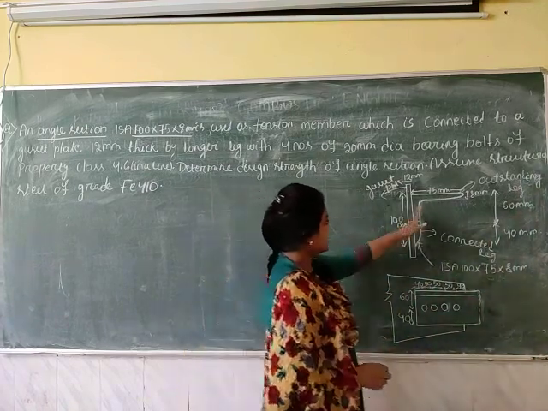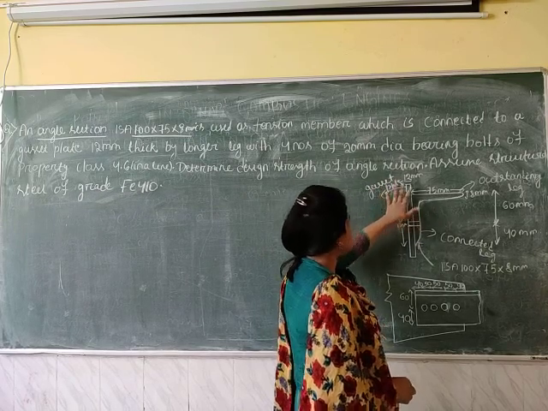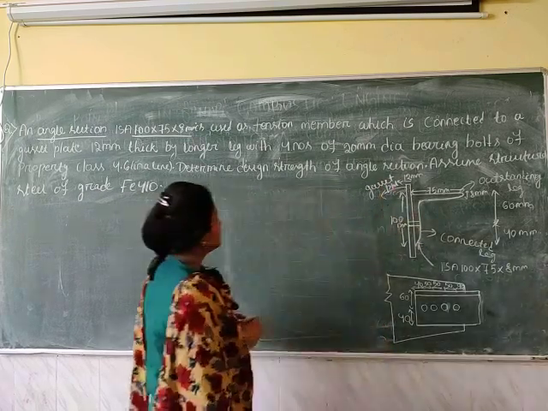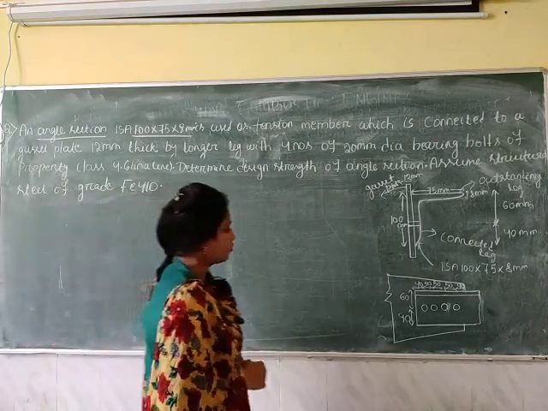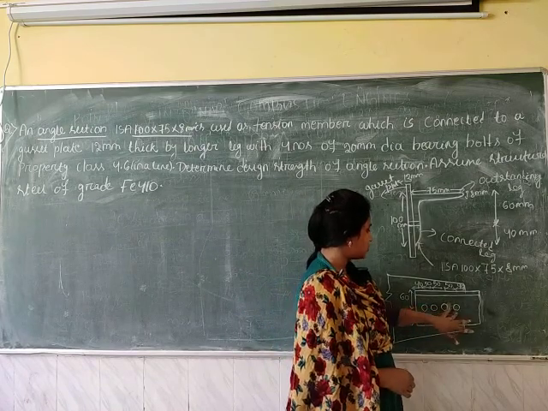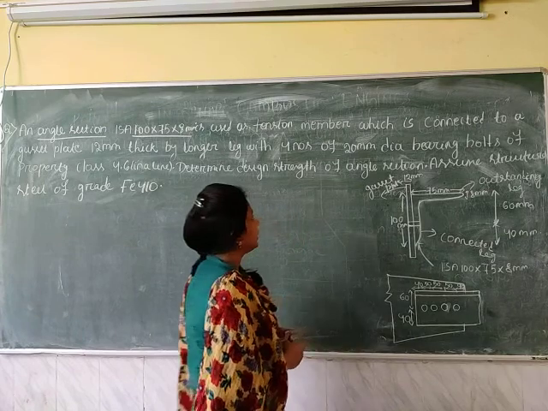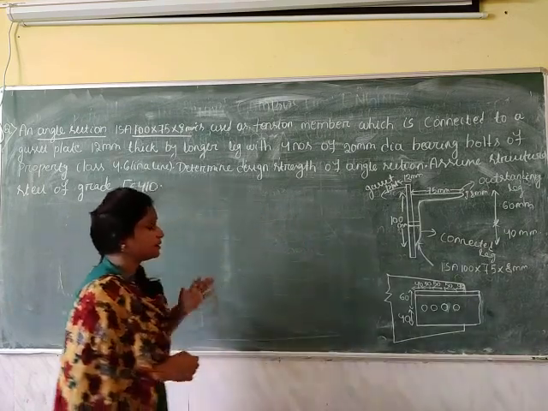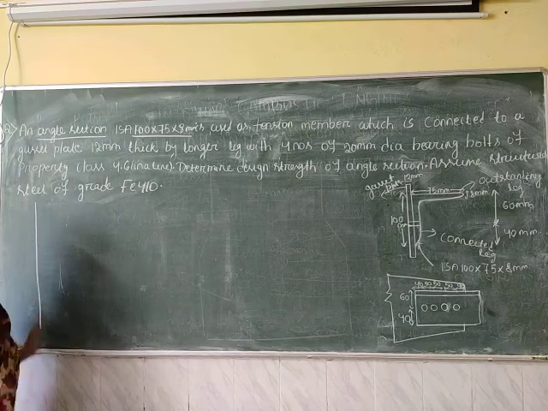So, here the connected leg of the angle section is connected with the gusset plate of 12 mm thickness with 4 numbers of 20 mm dia bearing bolts. Okay. So, here you can see 4 bolts are there which connect the angle section and the gusset plate, and the diameter of the bolt is 20 mm and the bolt is the bearing bolt, not the high strength friction grip bolt. Okay.